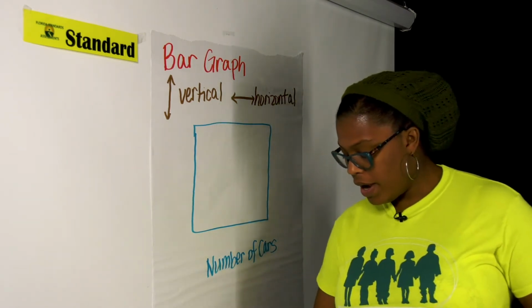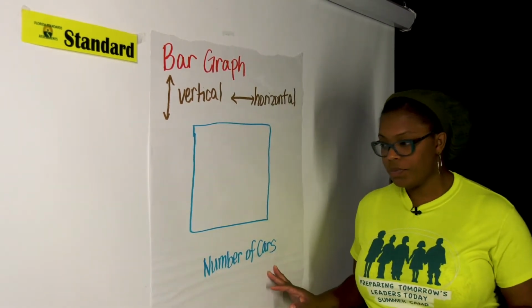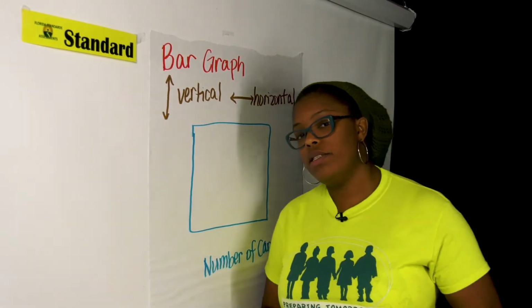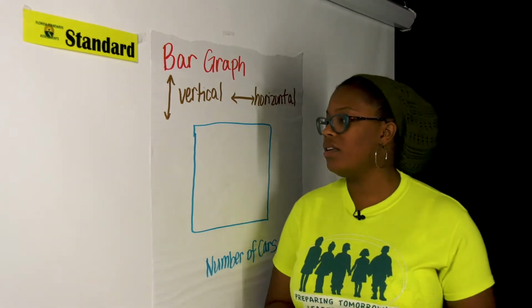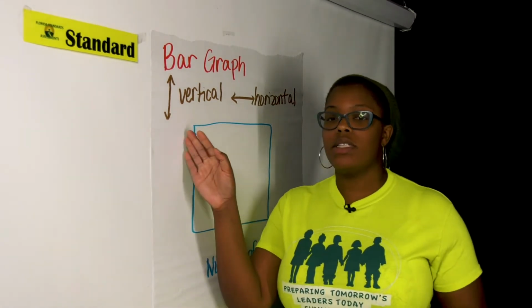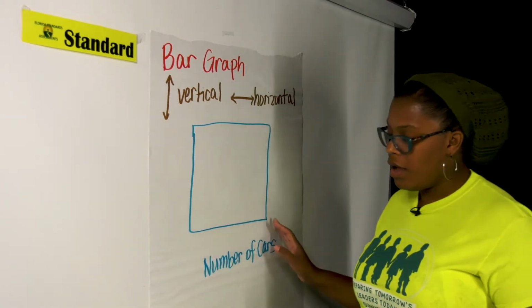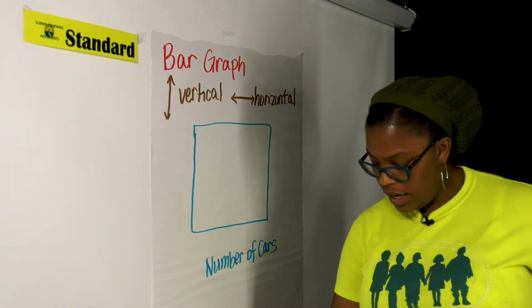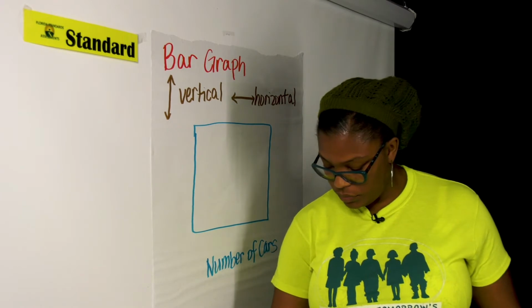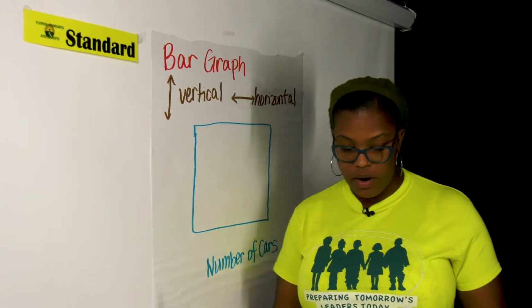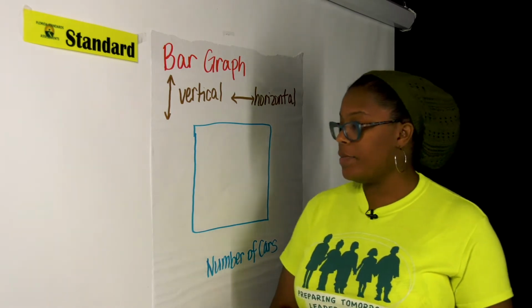So on a bar graph, you have your title. Then you have two sides, which represents your axis, which you'll get to in 6th grade. I'm not going to get into that. But one side would represent something, and then the other side would represent something. Today, we are going to think about the number of cars that our classmates have.